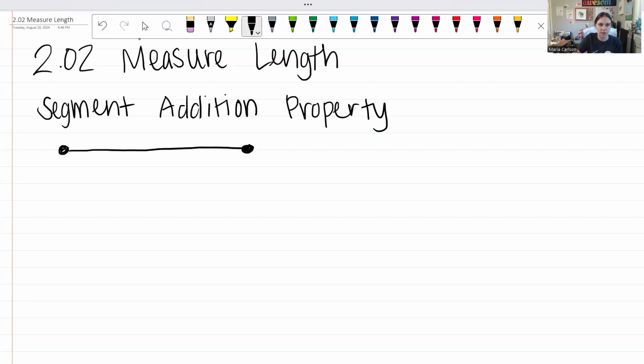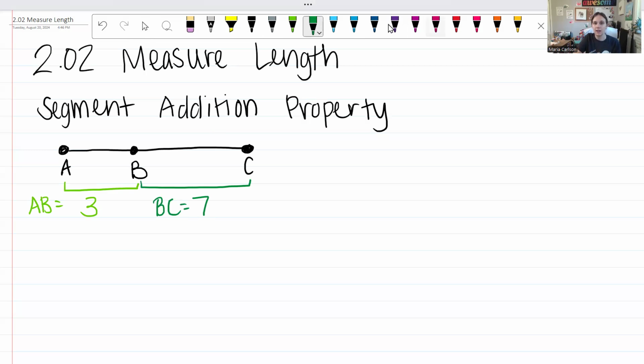And the segment addition property basically tells us if we have a segment with two endpoints, maybe our endpoints are A and C, and we have some other point on the segment, this is point B, we know if the segment from A to B is 3 units, and the segment from B to C is 7 units, so if AB is 3 units and BC is 7, I can find the length of the entire segment AC by adding 3 plus 7, which gives us 10.